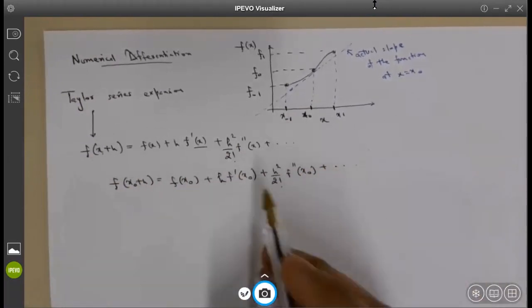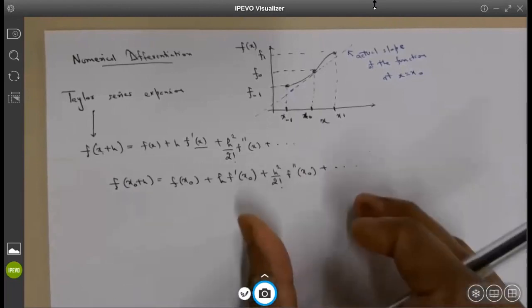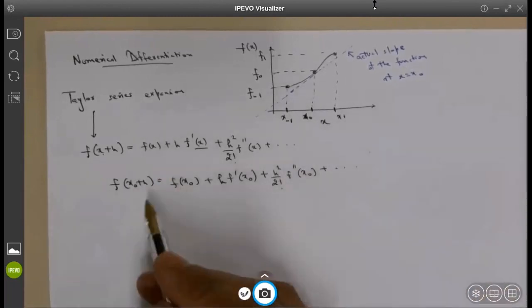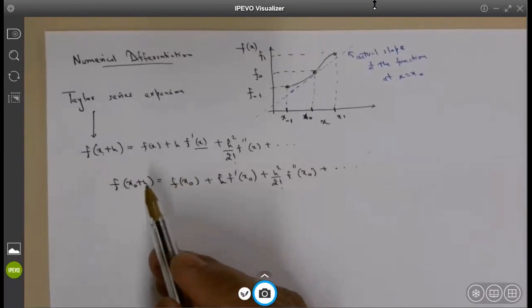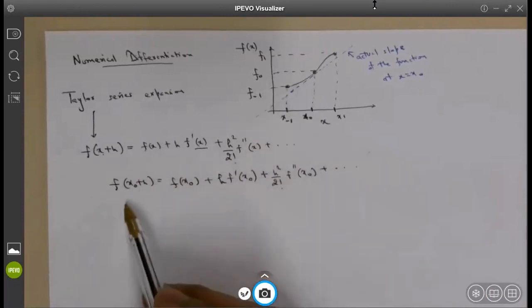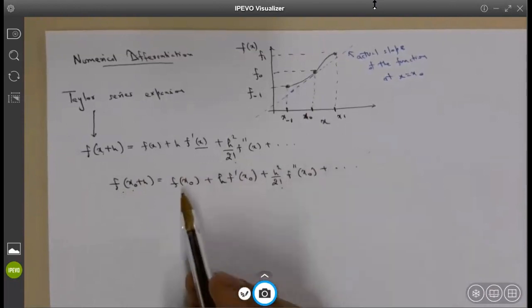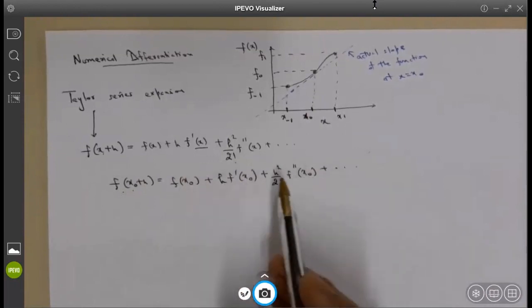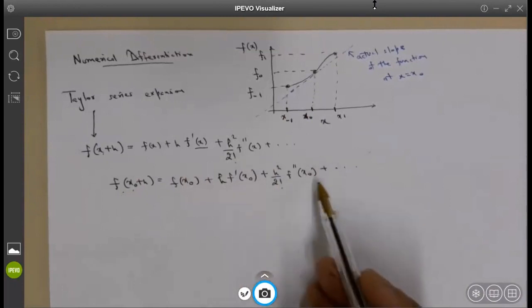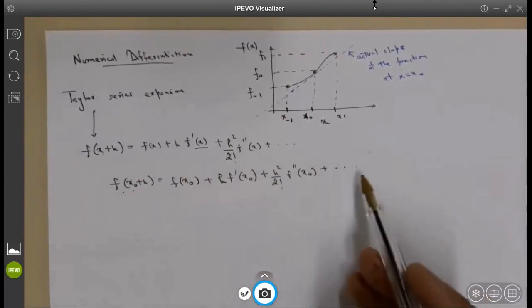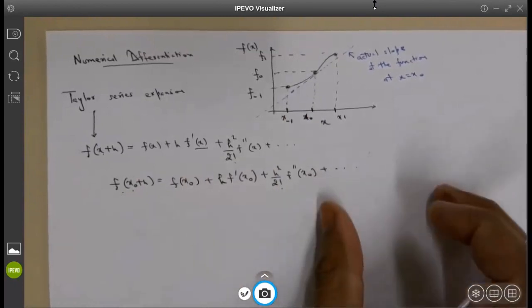It has infinite terms, and the expansion of this function about x naught is based on the assumption that the function has continuous derivatives, so it has derivatives which are well defined throughout the expansion terms.